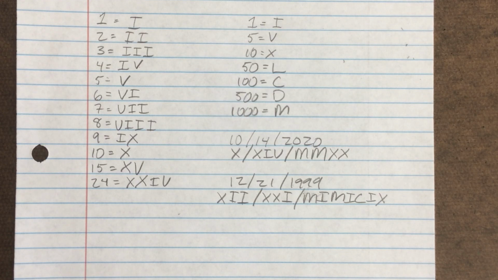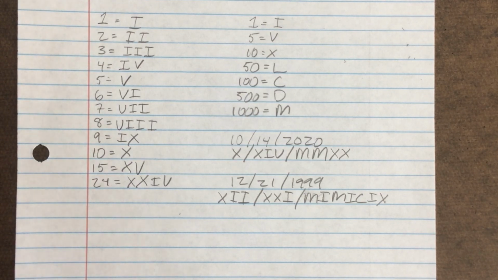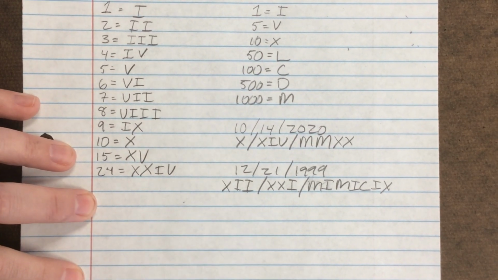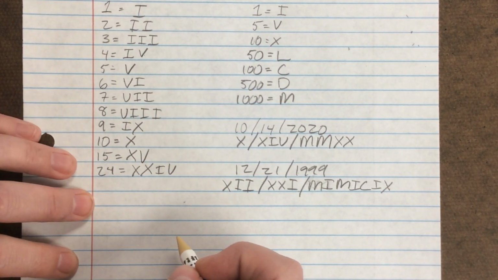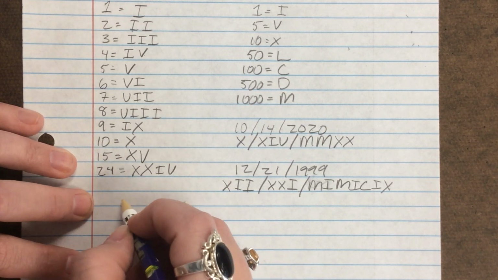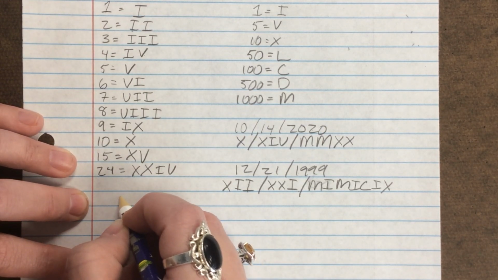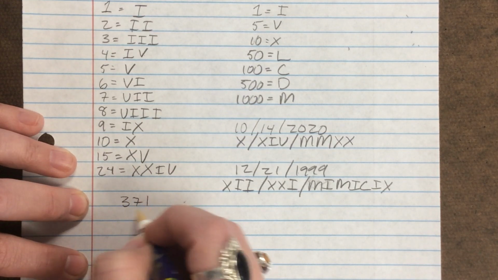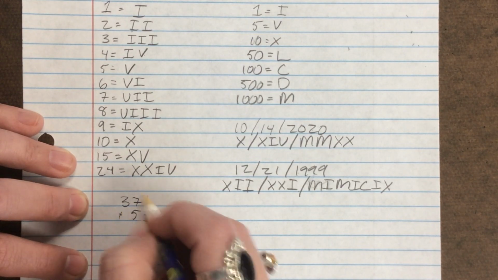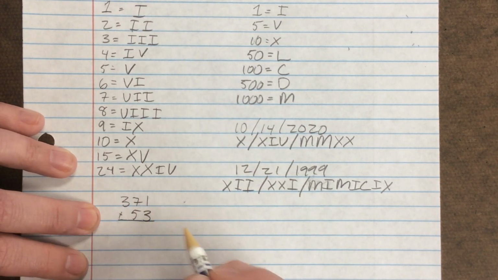Now, here's the crazy thing. Roman numerals were very difficult to do even simple arithmetic with. So let's say we wanted to add 2 numbers. Let's add 371 and 53. Okay? But in our numerals, that's not too bad.